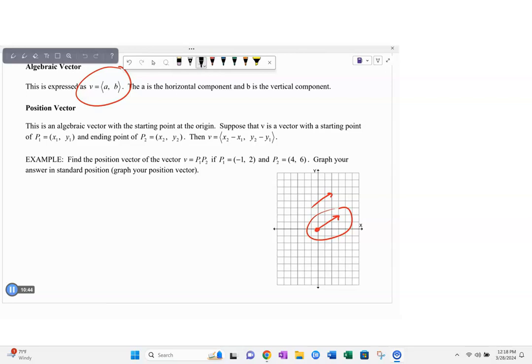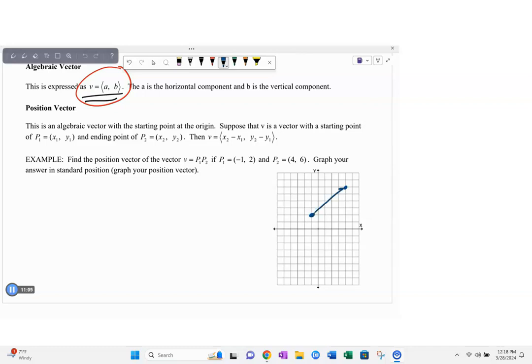And the algebraic vector here is saying that if you were to draw it, that's giving you the coordinates from the origin, the position vector. So let's do this first example here. Find the position vector if you have 2 points, -1, 2, and 4, 6.